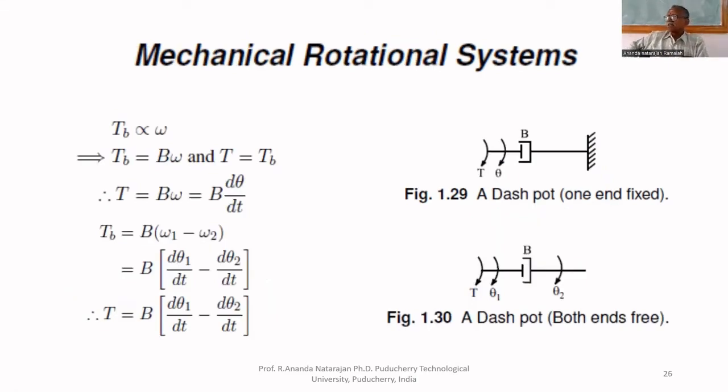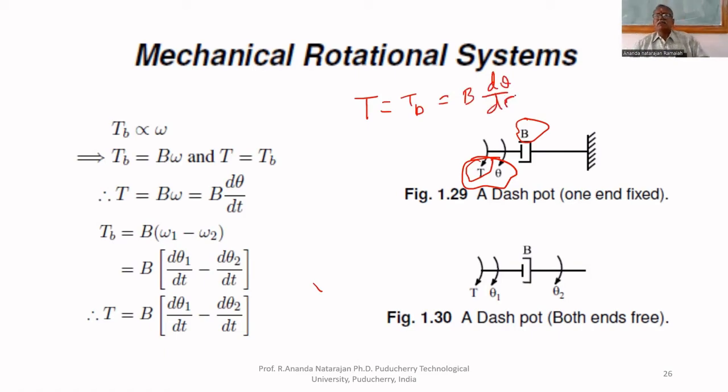In the same way, the dashpot effect. The angular displacement is theta. The applied torque is T. The dashpot constant is B. Therefore, the applied torque must be equal to B d theta by dt.